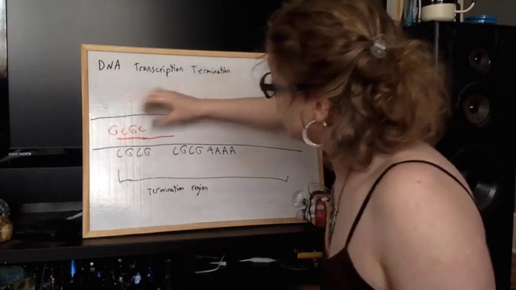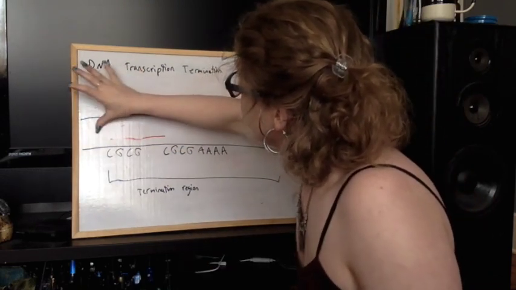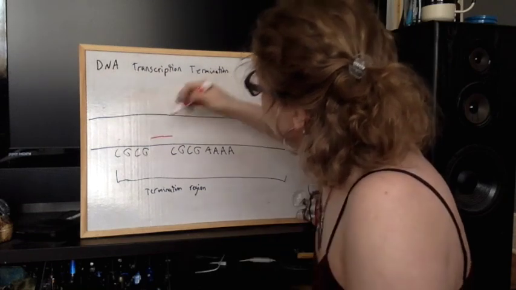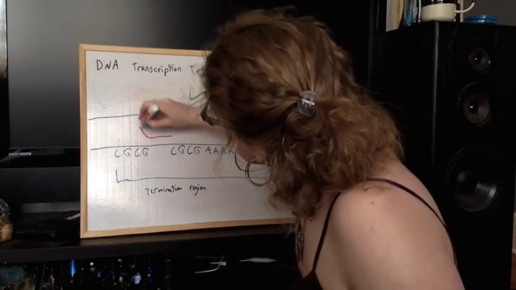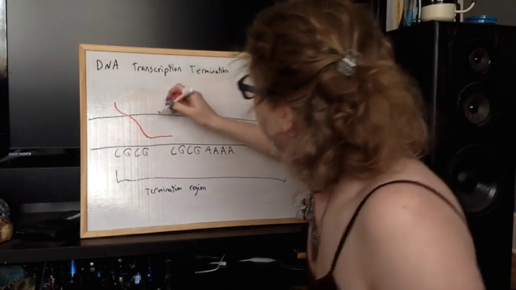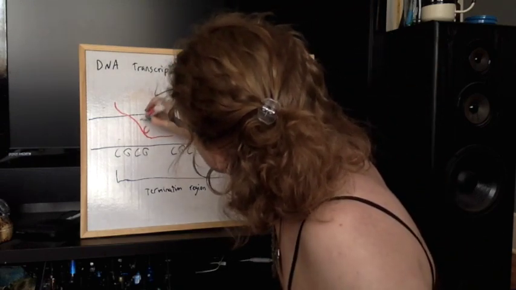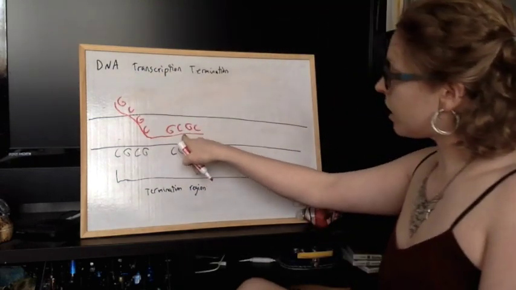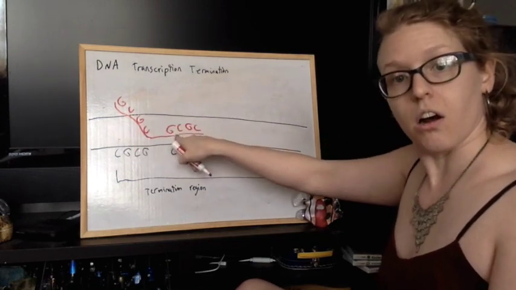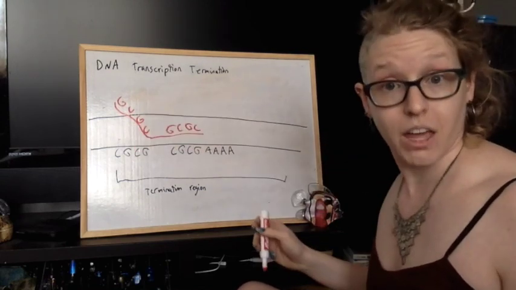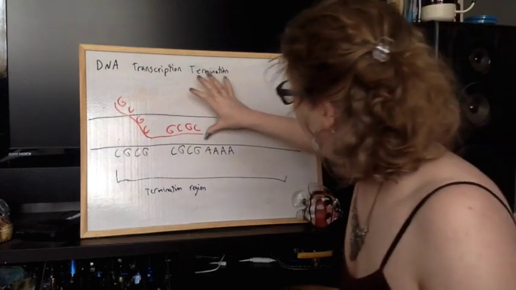But remember, as it continues, this stuff gets kind of loose. So it's going to go out like that. But look, this and this are also antiparallel to each other. They could interact. And in fact, they will.